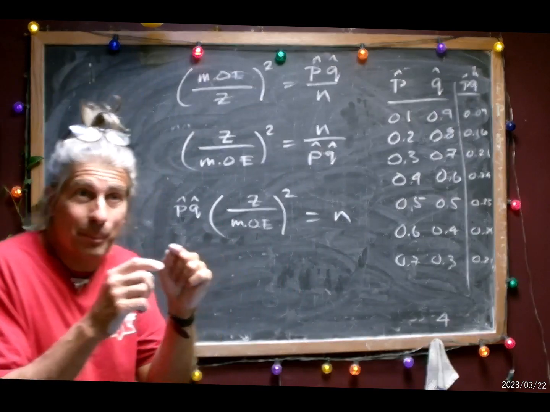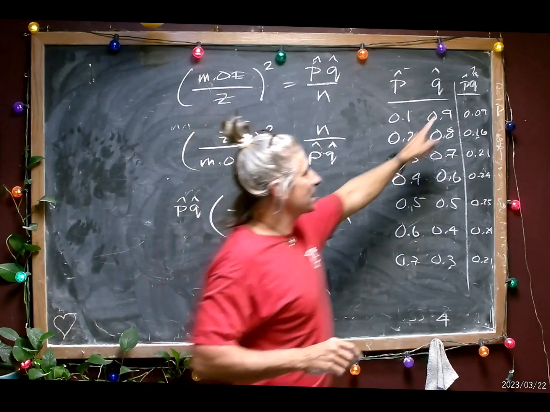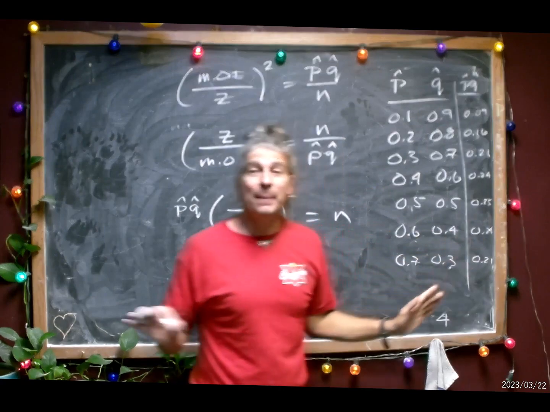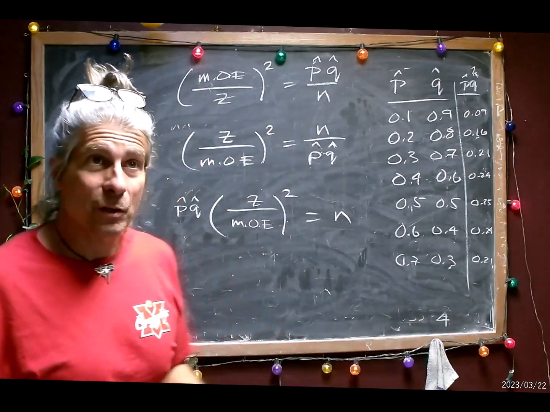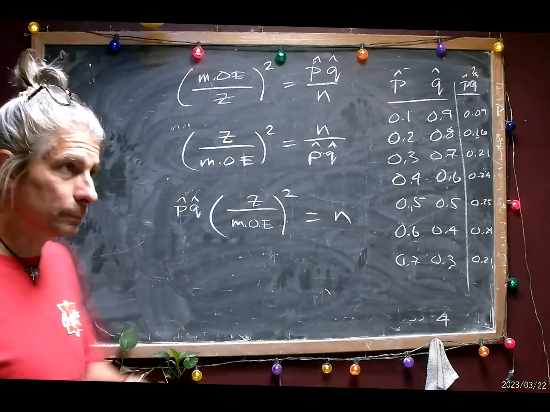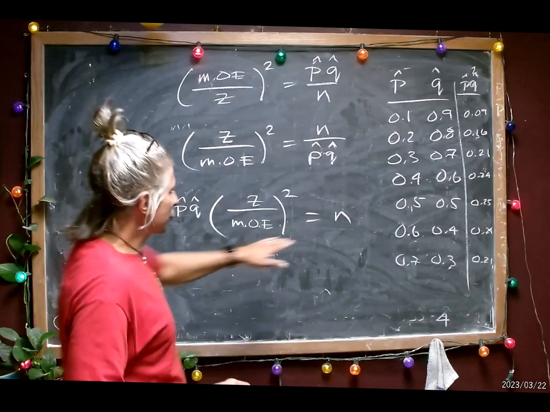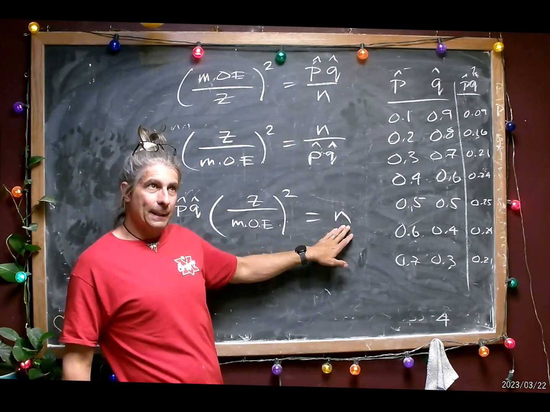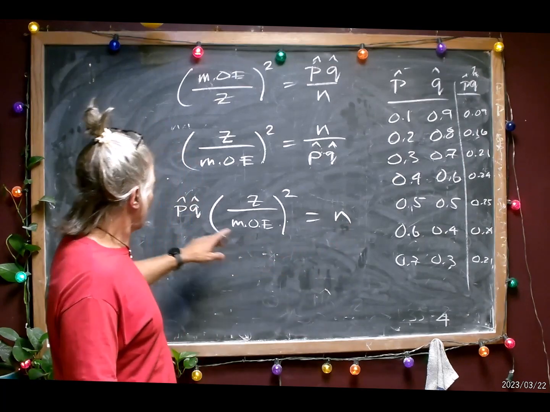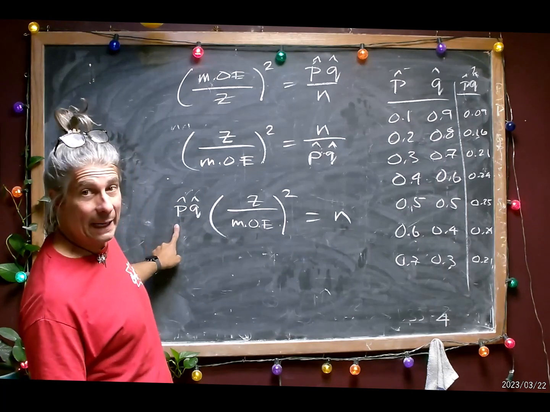And here's the bit that kind of throws back to Algebra 2. The largest possible product of these two things is going to be 0.25. Can't be any bigger than that. So since that's the largest the product can be, and we're trying to make a sample size that gets us the best data, wouldn't it make sense to make this as large as it could be?